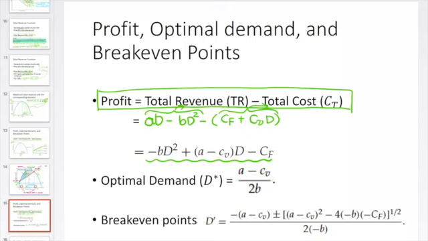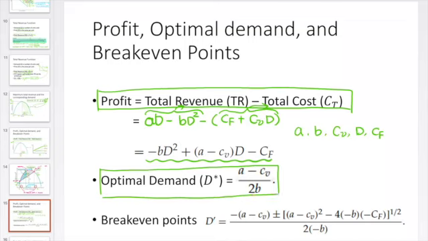But to calculate the profit, what you need to know is what is A, what is B, what is C lowercase v, what is D, and what is C_F. Okay? And another formula you want to know is the optimal demand, D star, where you can reach your maximized profit.